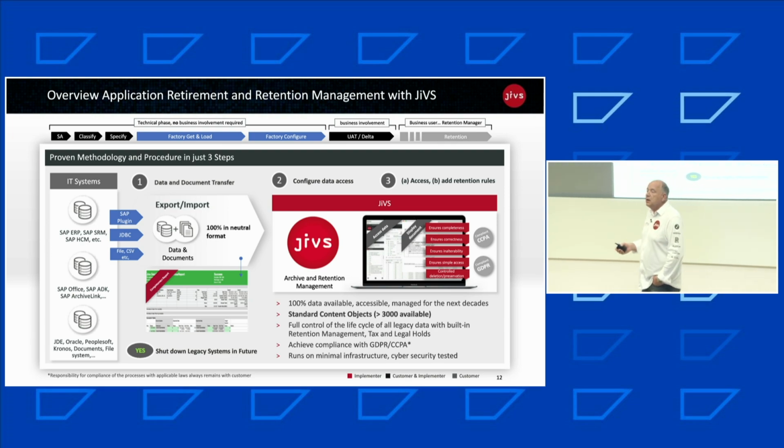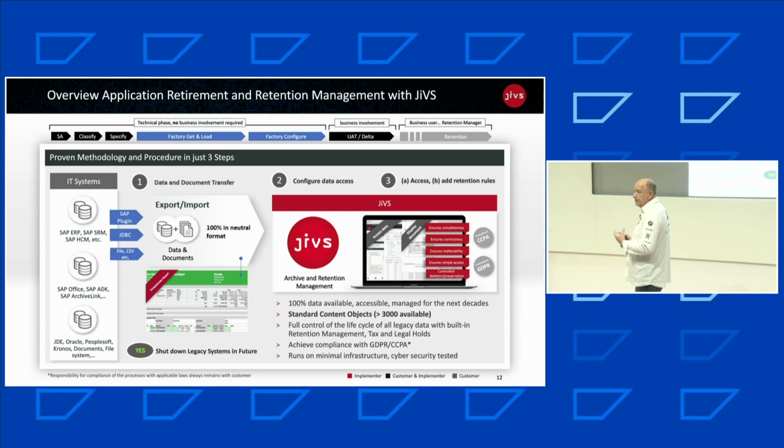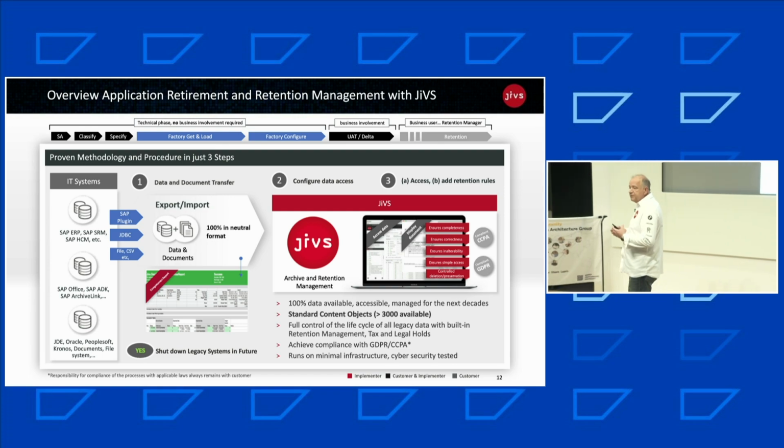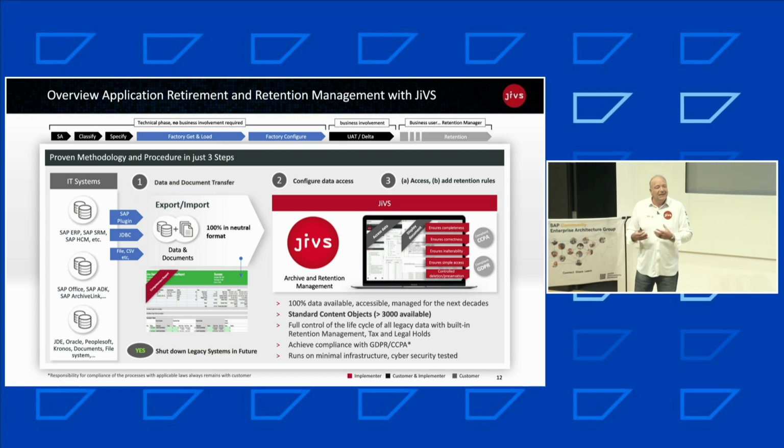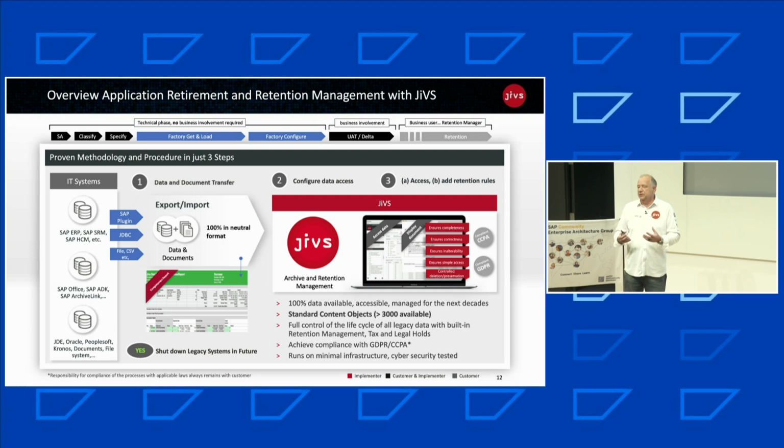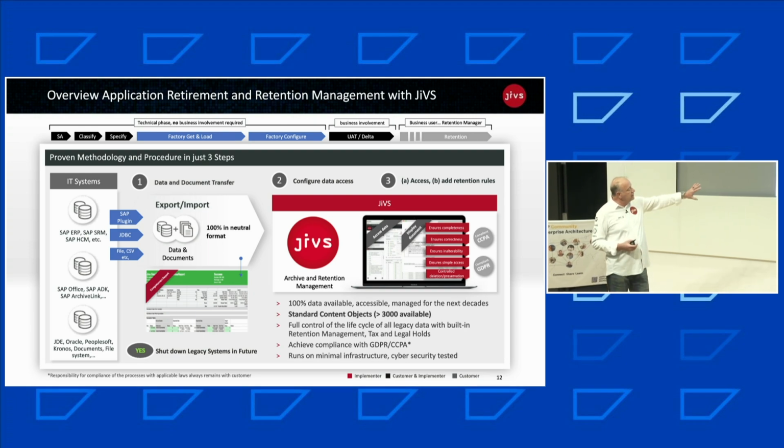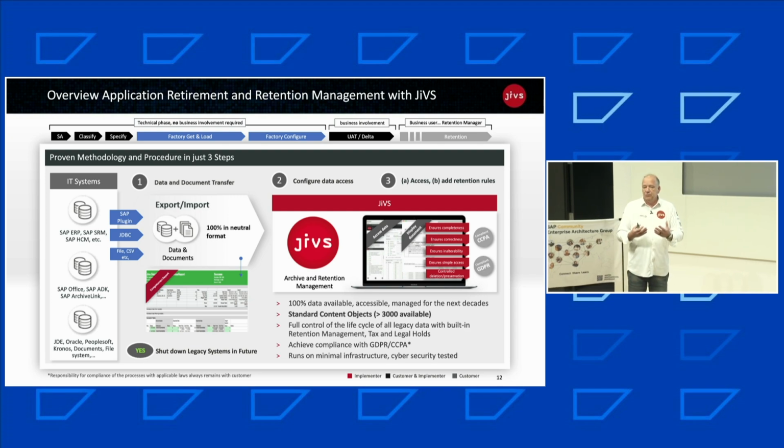So once the data is in GIFs, now it's all about end-user access. And this is where GIFs shines. Okay? We have a lot of standard objects available. What it is it's canned reports. And what they do is, since we store all the data in a transparent, non-proprietary format, which is a table format, those canned reports, they bring the context back.